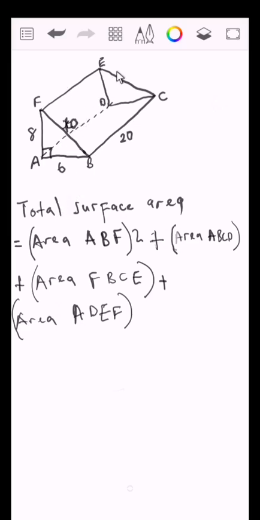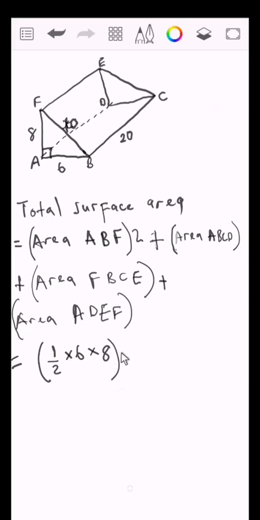We have 1, 2, 3, 4, then 5. Takuda kuchi calculator manje. Pa calculator kwedu tichati ngatange ne area ABF. Area ABF tichati half base times height. And so what is the base? The base is 6 times height the 8.